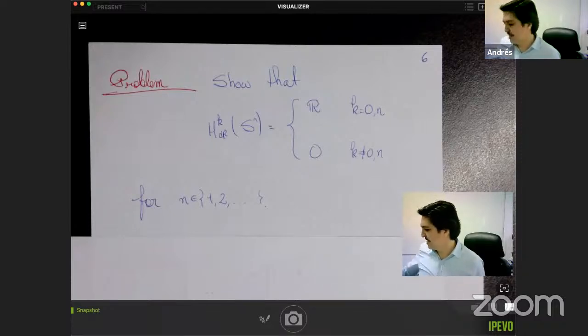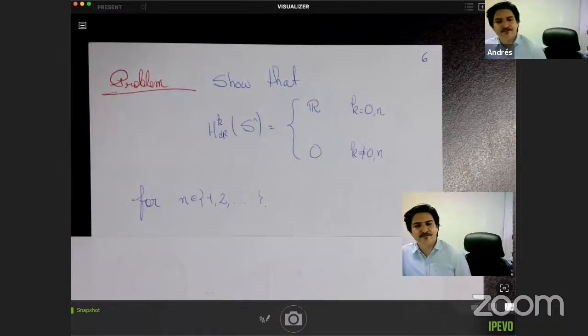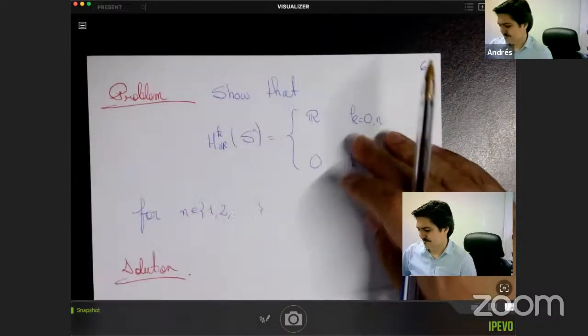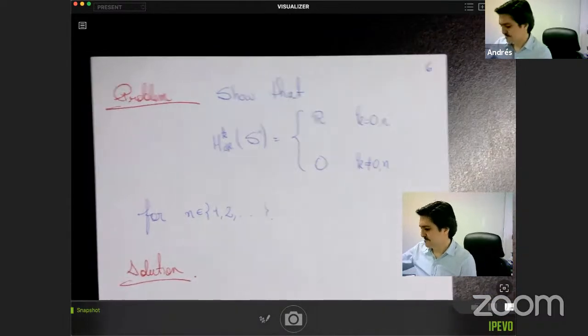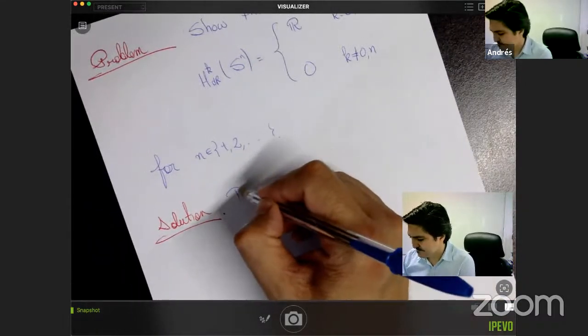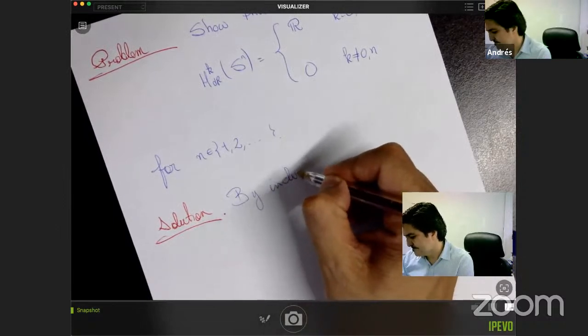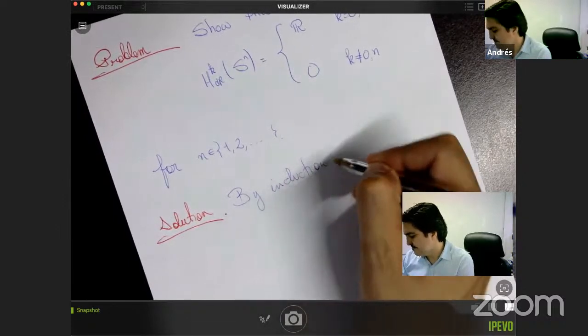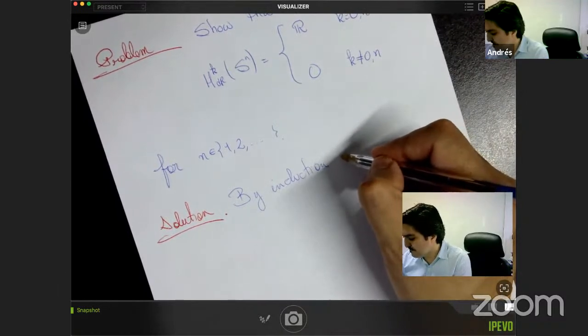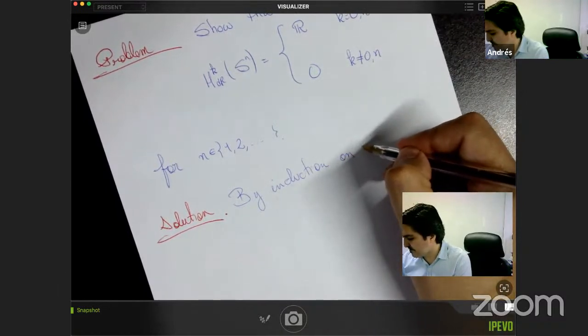Good. Now, we will do this by induction. By induction on the dimension of the manifold.